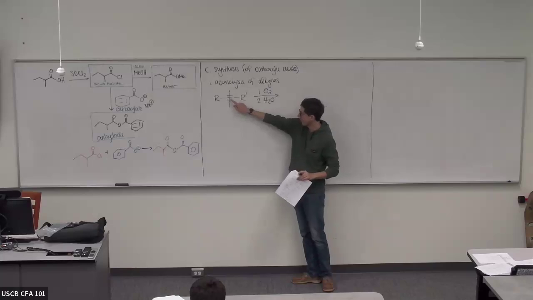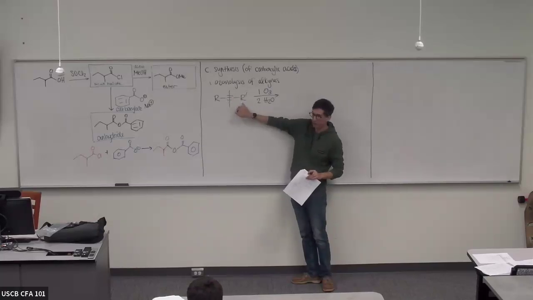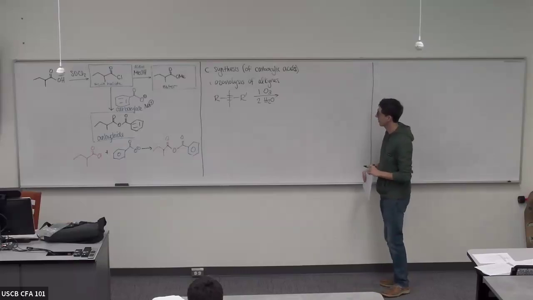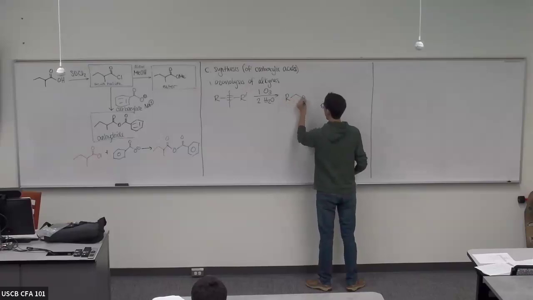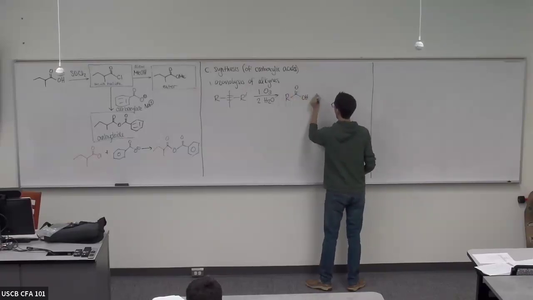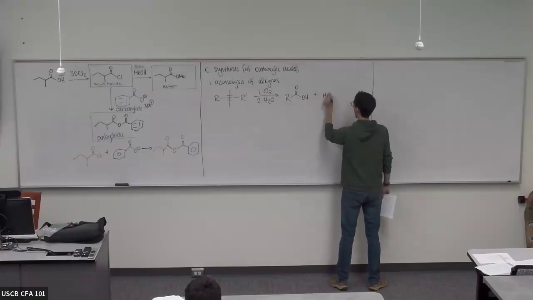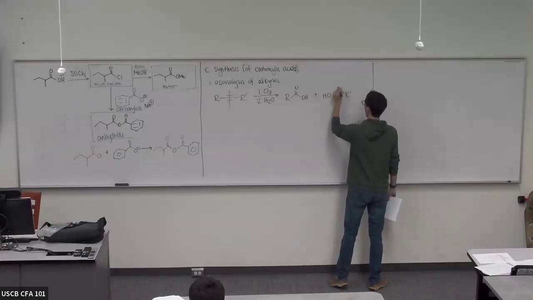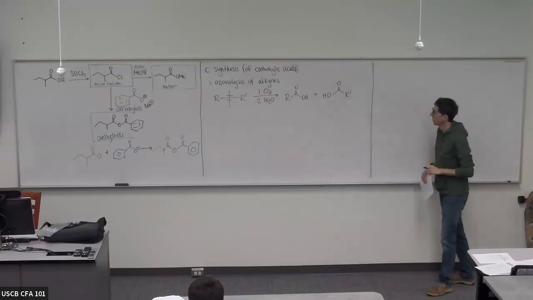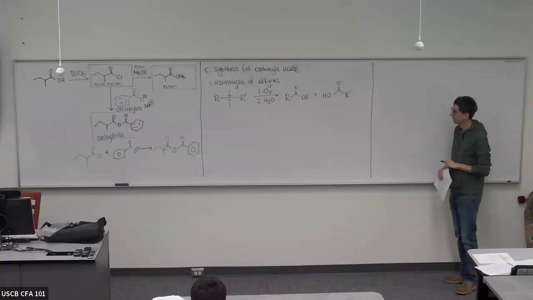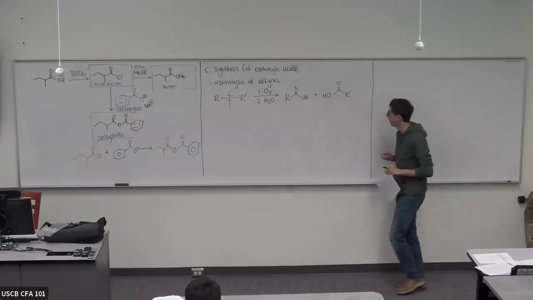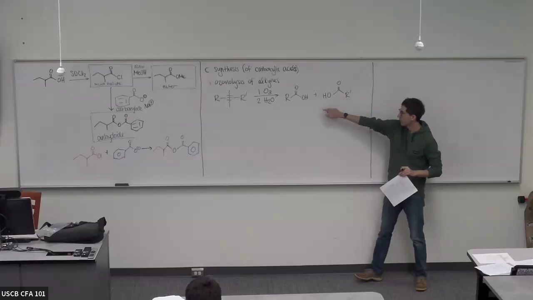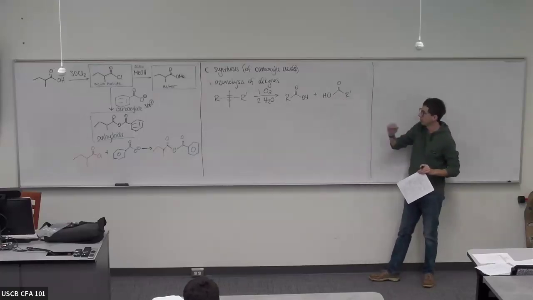But this carbon has got three bonds other than its R group, and so that's going to go to a carboxylic acid. So we end up with this. So instead of the space in the middle getting filled with a ketone, it gets filled with two carboxylic acids.